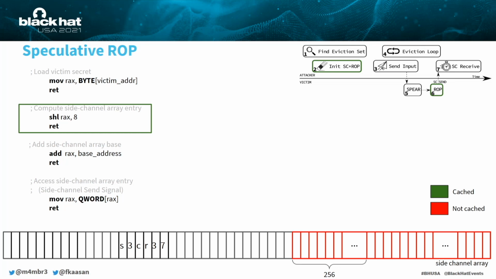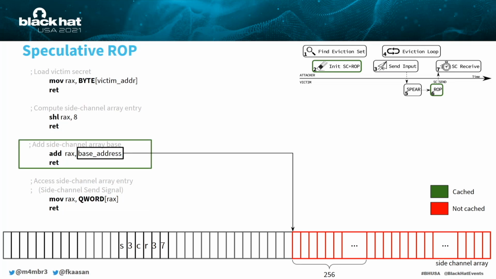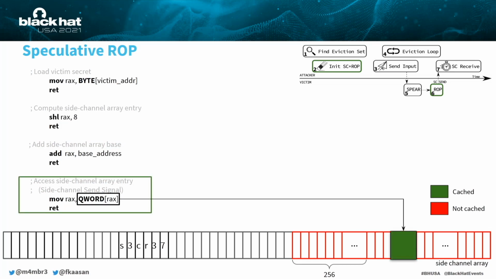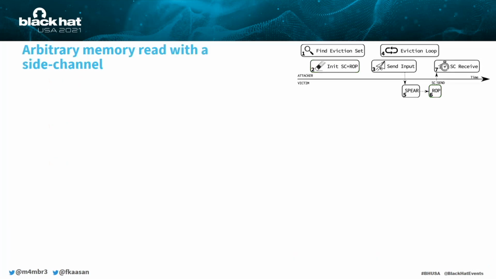Next, the side channel array base is added to the previously computed offset, resulting in the memory address of the entry corresponding to the victim secret byte value. And lastly, a load is performed in order to bring this exact side channel array element into cache. This operation represents the side channel send operation.